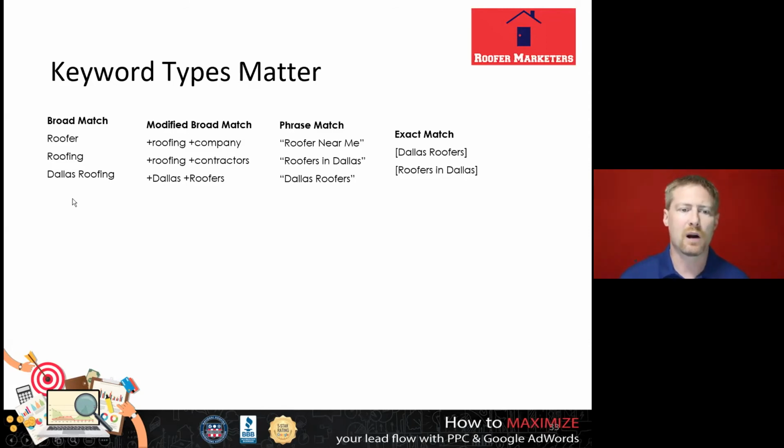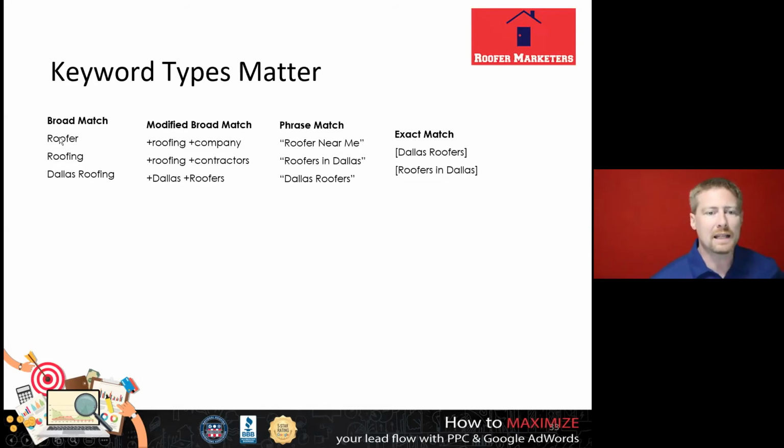Then we move to broad match, and broad match is what you really don't want to ever do, especially if you're not a real pay-per-click expert. As we move from exact match to phrase match to modified broad match and broad match, in this order is where you need more negative keywords, right? As you let Google show you for more things, you want to be telling them the things that you don't want to show up for.